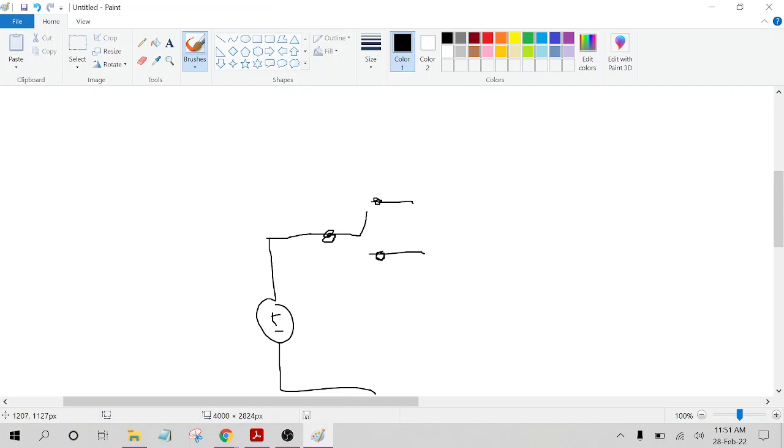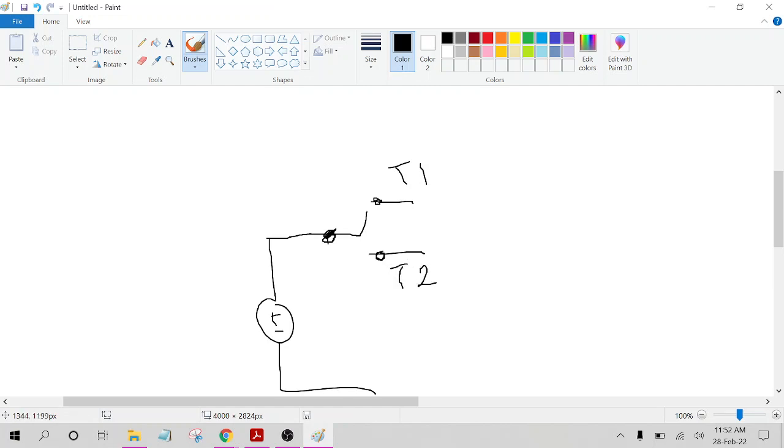Yes, it is just common sense. This terminal is always connected with our power supply. This common terminal will either be connected with terminal 1 or with terminal 2, right? So we can denote it here. This is T1 and this is T2.